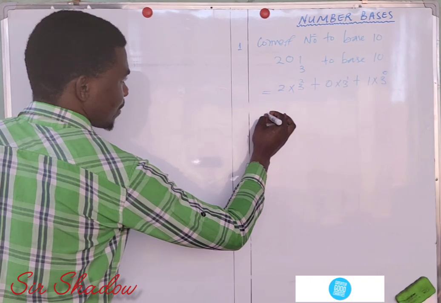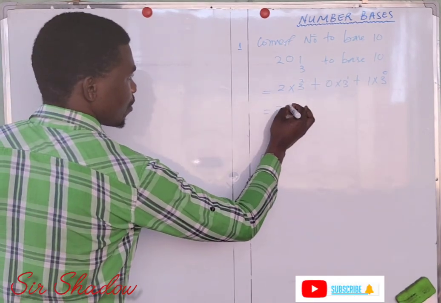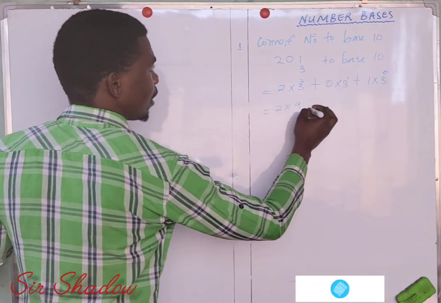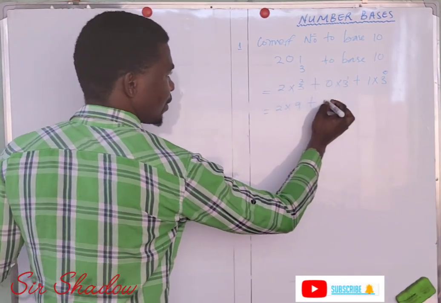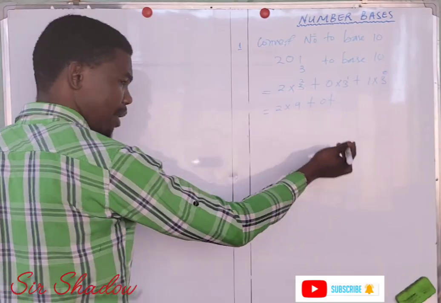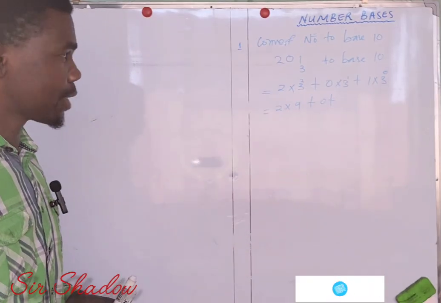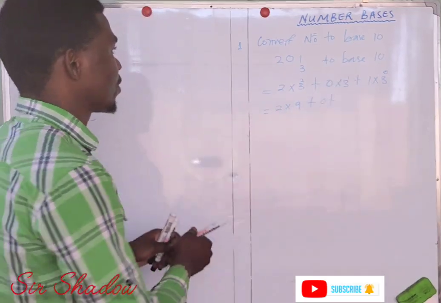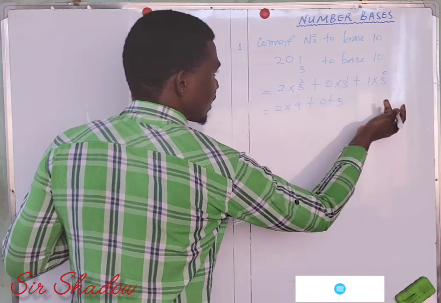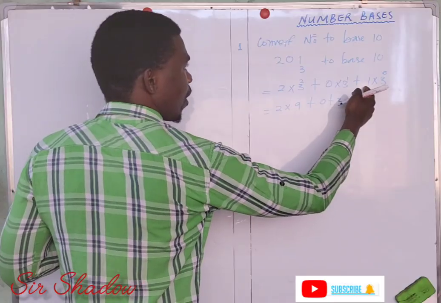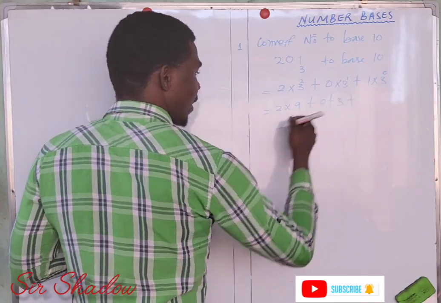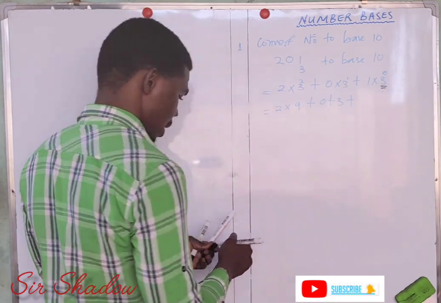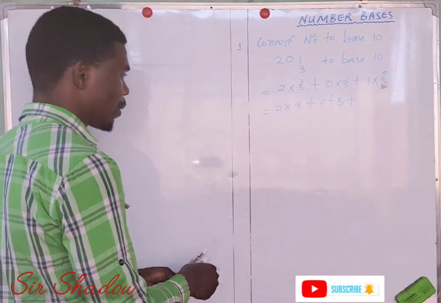So this becomes 2 multiplied by 3 squared, which is 3 times 3, you get 9, plus 0 times 3 to the power 1. Remember, under the laws of indices, a number or a letter raised to the power 1 is that number or letter, so this gives us 3. Plus 1 times 3 to the power 0; a number or letter to the power 0 gives us 1.